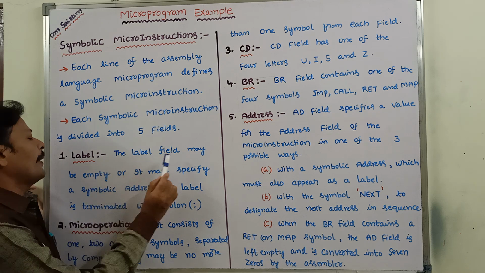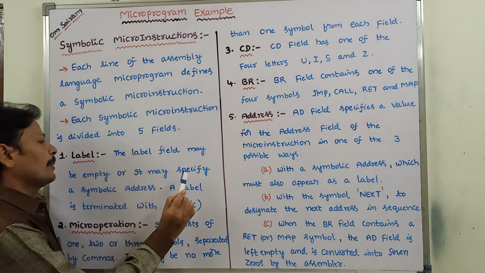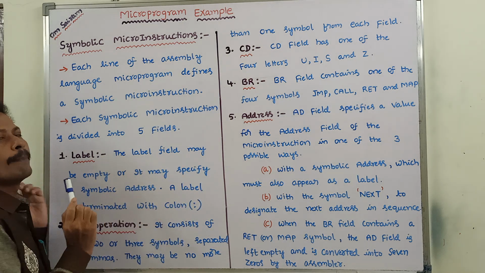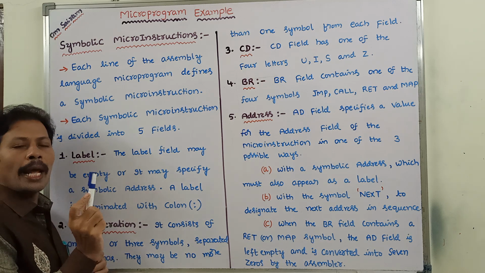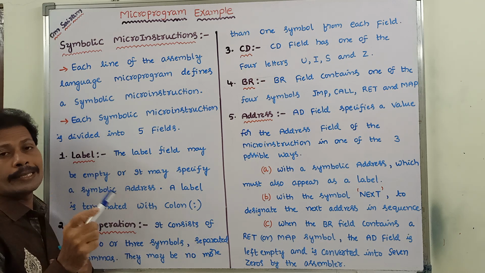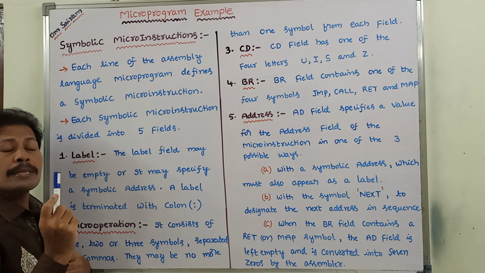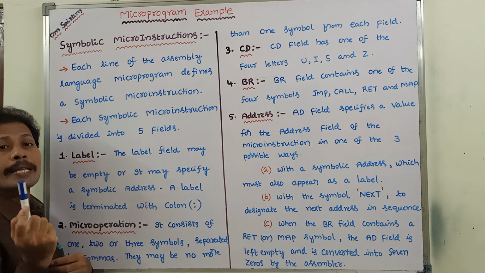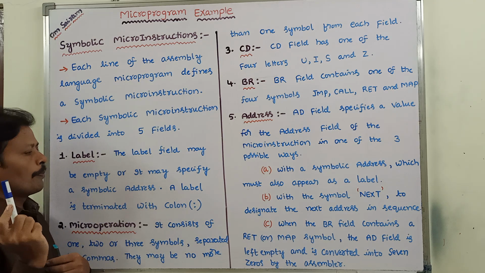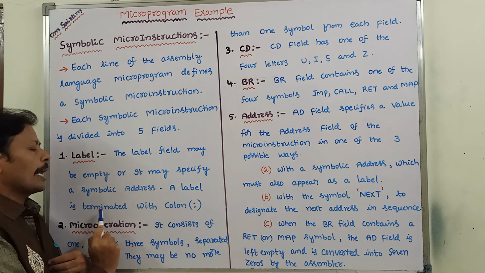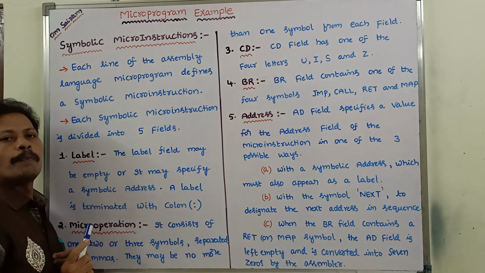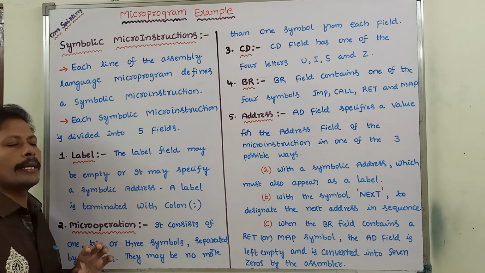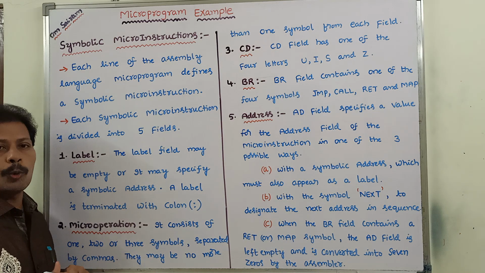The label field may be empty or it may specify a symbolic address. Sometimes label field is empty. Sometimes it may contain a symbolic address. A label is terminated with colon. Every label is terminated with colon.